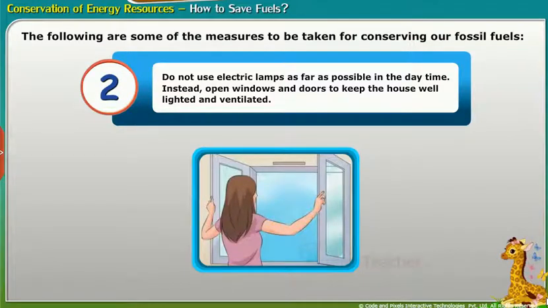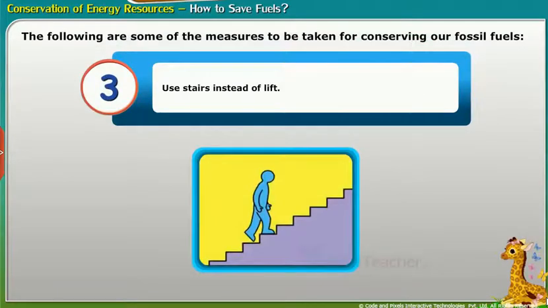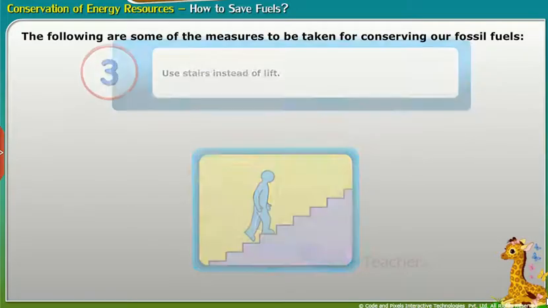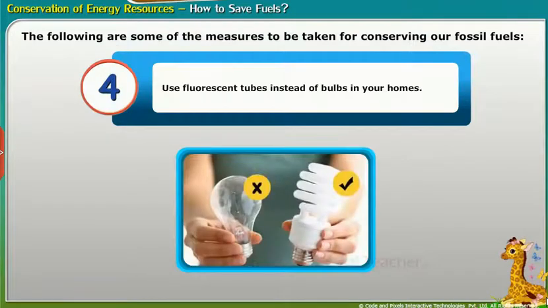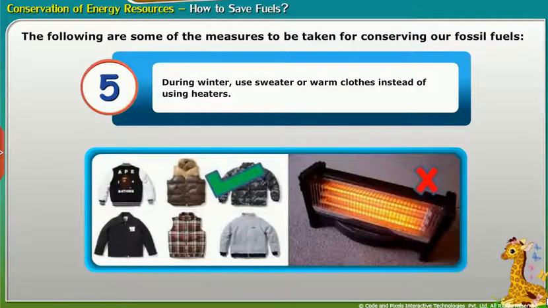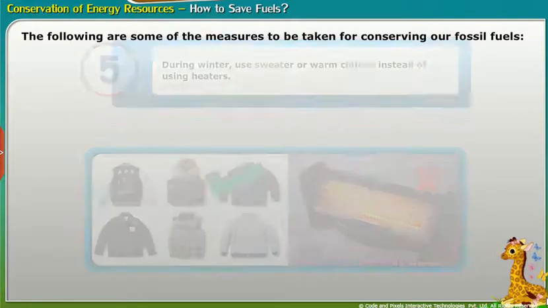Instead, open windows and doors to keep the house well lighted and ventilated. Use stairs instead of lift. Use fluorescent tubes instead of bulbs in your homes. During winter, use sweater or warm clothes instead of using heaters.